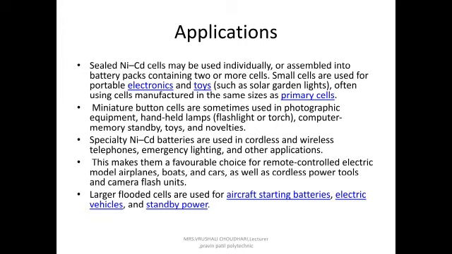This makes them a favorable choice for remote control electric model aeroplanes, boats, cars as well as cordless power tools and camera flash units. These are rechargeable, therefore we can use them for cameras. In DSLR cameras we mostly use the nickel cadmium cell as it is rechargeable and light in weight.